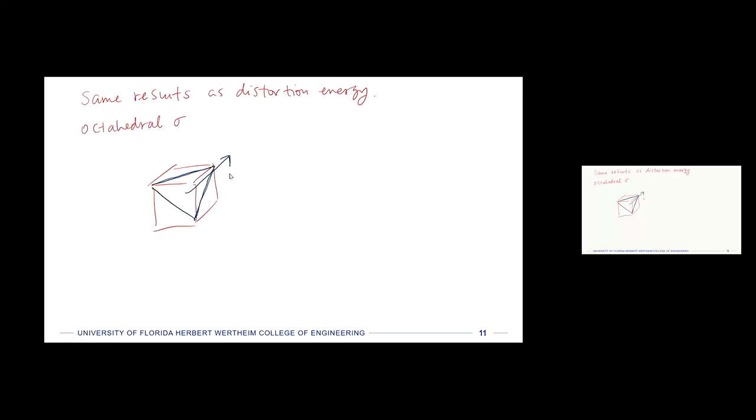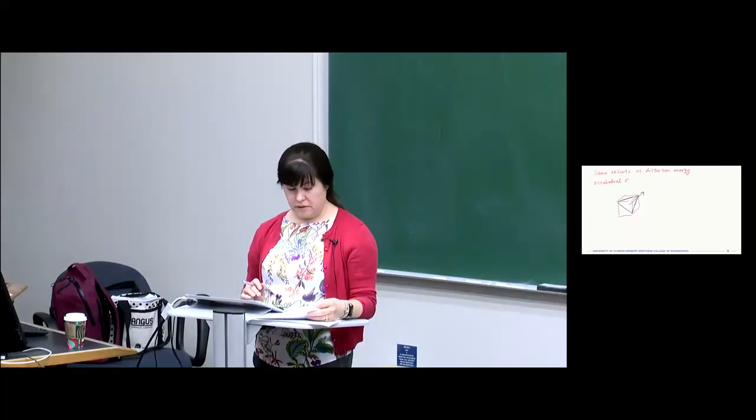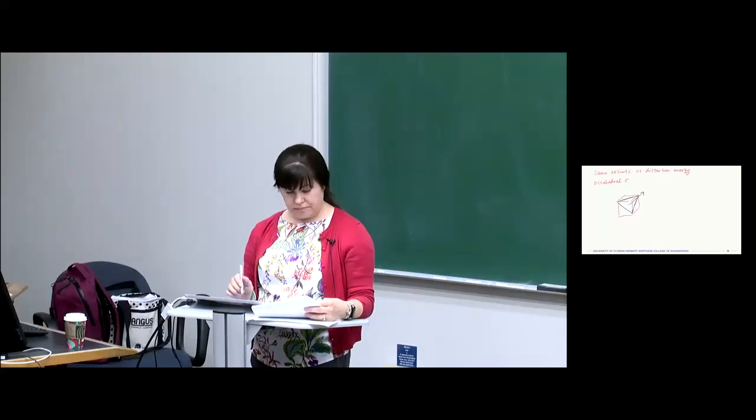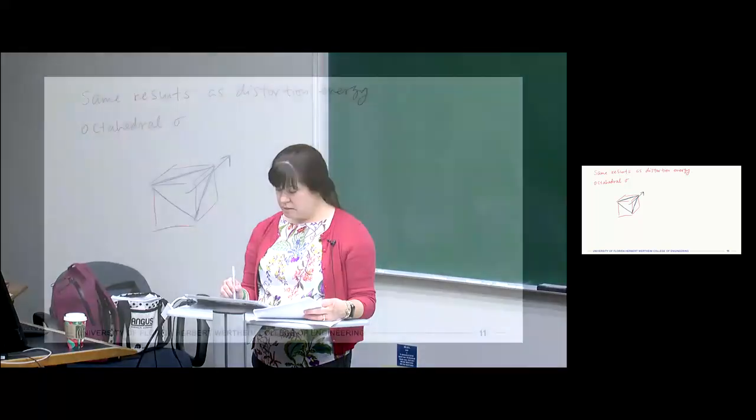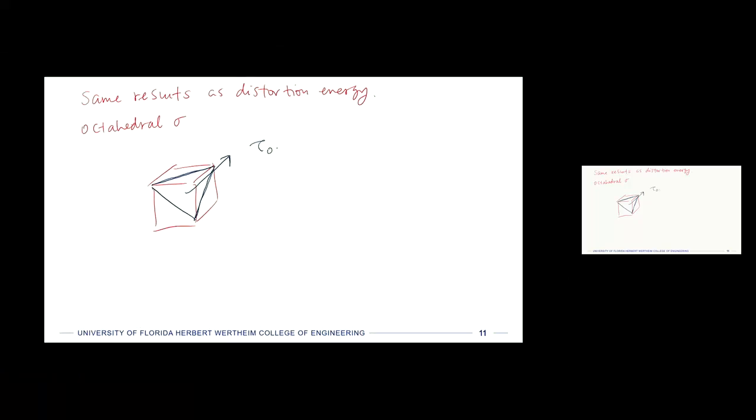And we can do this if we basically have a larger cube and we cut off all of the faces such that we're left with an octahedron. Then the octahedral stress is what is on each surface. So I'm just going to write the equation here.